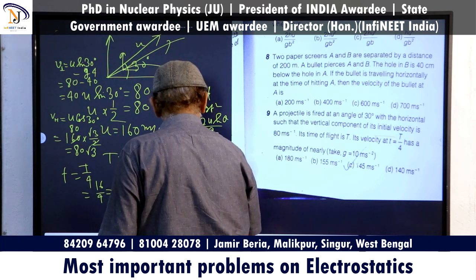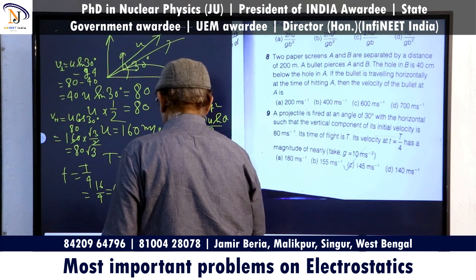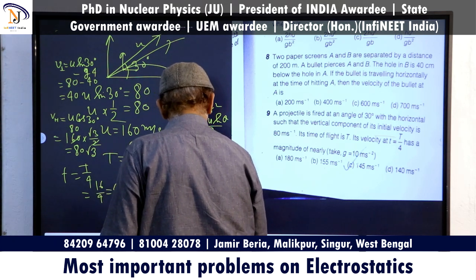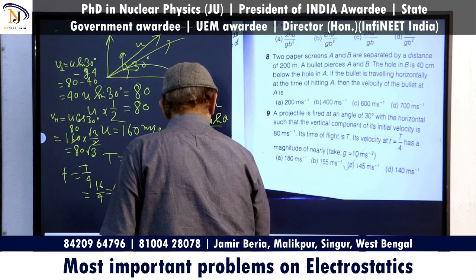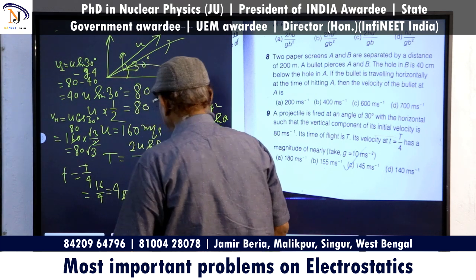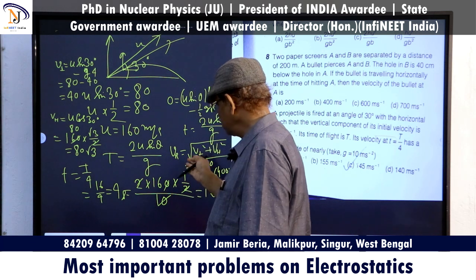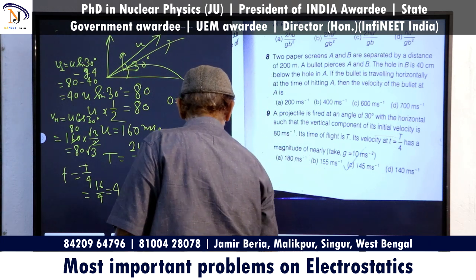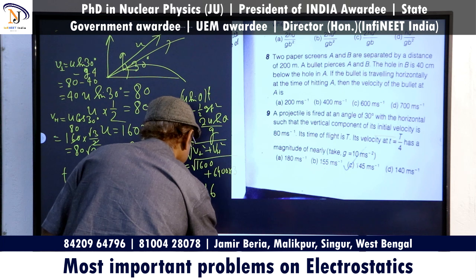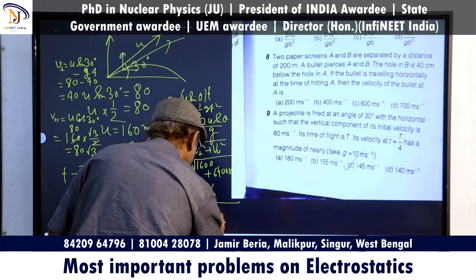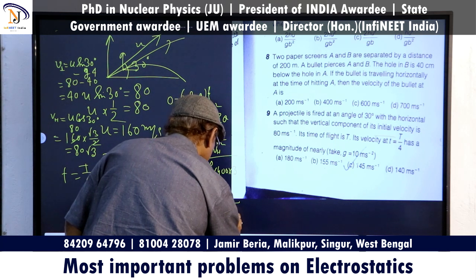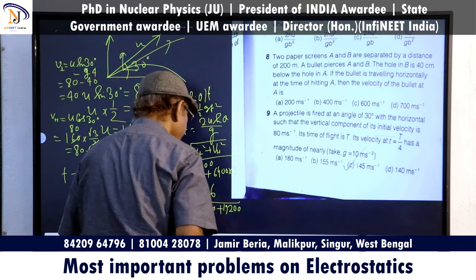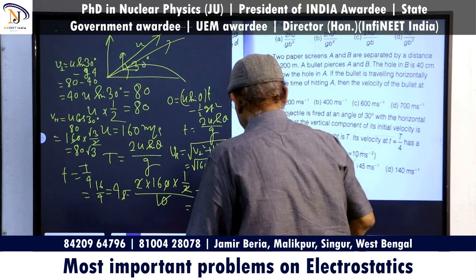Perpendicular 1600 plus 6400 into 3, that is x square plus y square. The value will be like this: 1600 plus 19200.